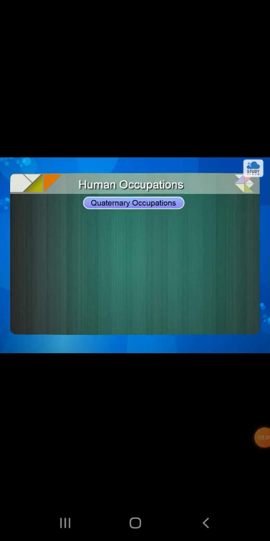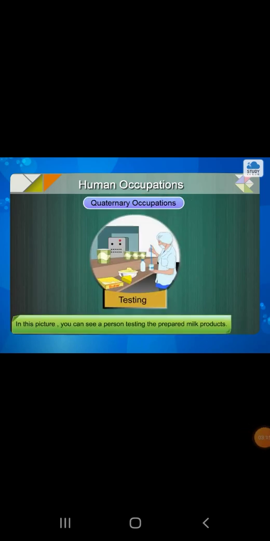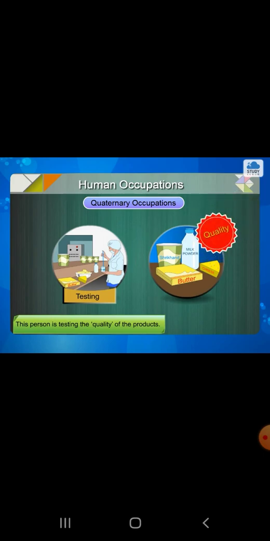Quaternary occupations. In this picture, you can see a person testing the prepared milk products. This person is testing the quality of the products. To do this work, the person must have some special skills. This is also a type of service, but this service is not an ordinary one.